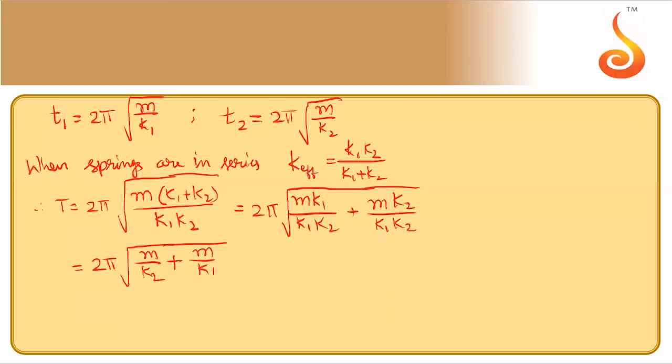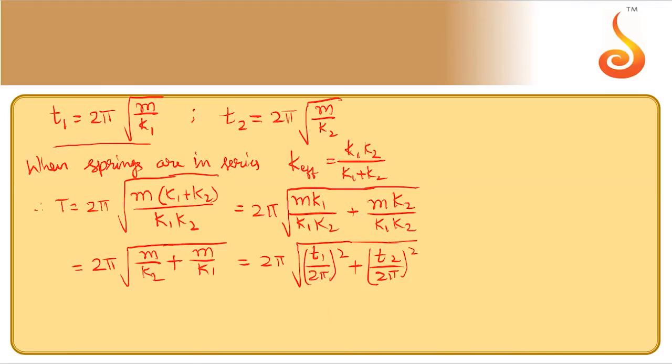See, m by K1 can be written as T1 by 2 pi whole square, plus this will be T2 by 2 pi whole square.